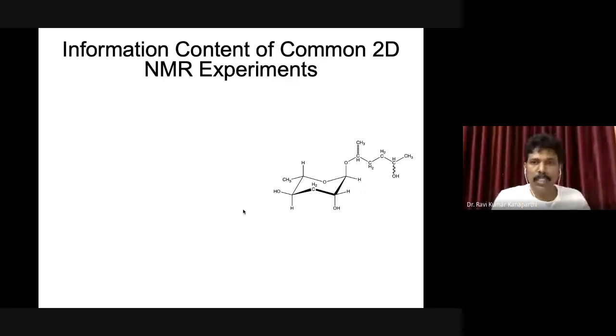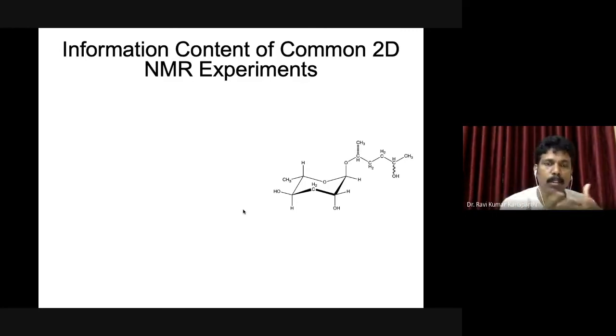With this background, let me explain what information people are trying to understand from two-dimensional NMR experiments. Let's say you have a carbohydrate like this. What I said is called homonuclear correlation spectroscopy.